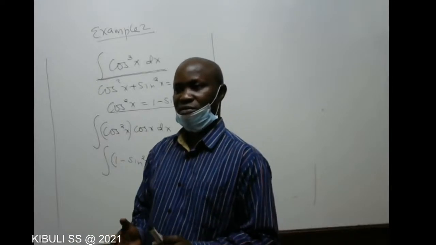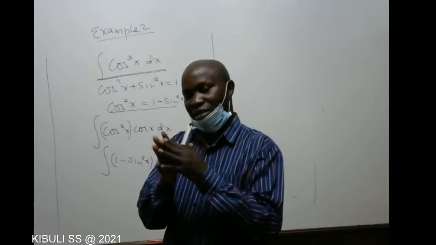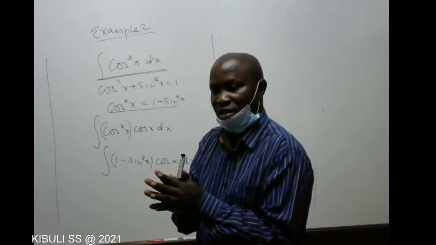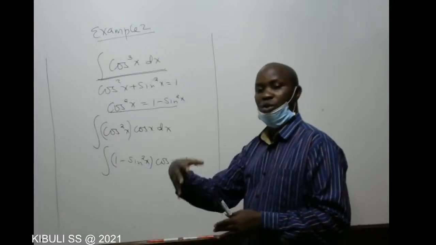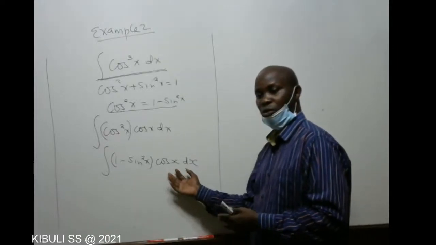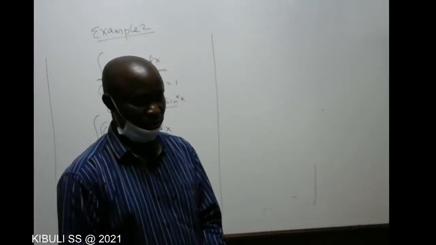And from the beginning of this topic, I was claiming that the moment you identify a function and a derivative, you concentrate more on the function and you ignore the derivative. Why? A derivative comes from a function.